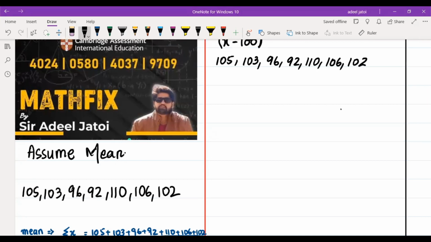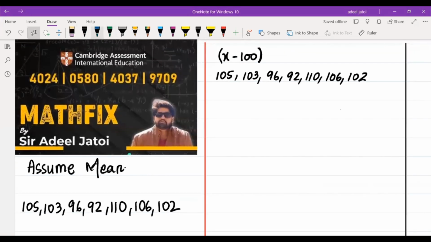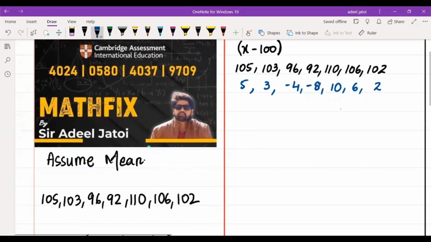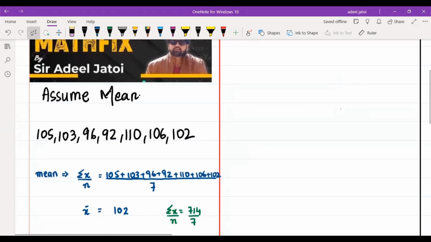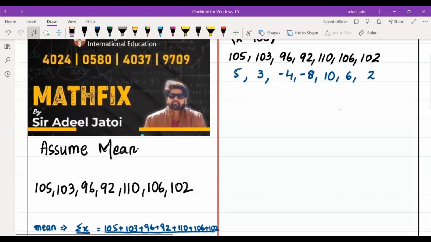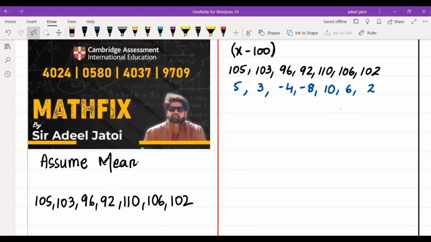But when I subtract 100 from each value, this will be 5, 3, -4, -8, 10, 6, 2. That means the entire data that I used to calculate my mean, now I'll be working on the assumed data. That means each value is subtracted by 100.